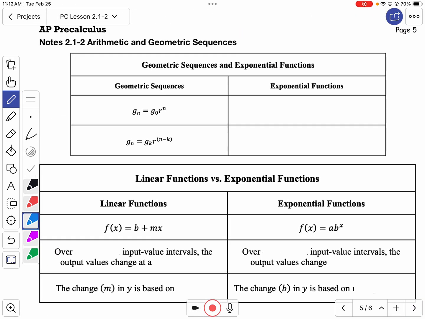This is your general exponential, y equals a times b to the x, which you're used to seeing. And this one, if we use a point, y1 would equal our base times x minus x sub 1. So it's the same thing. It's all what you've been doing with linear and exponential functions.